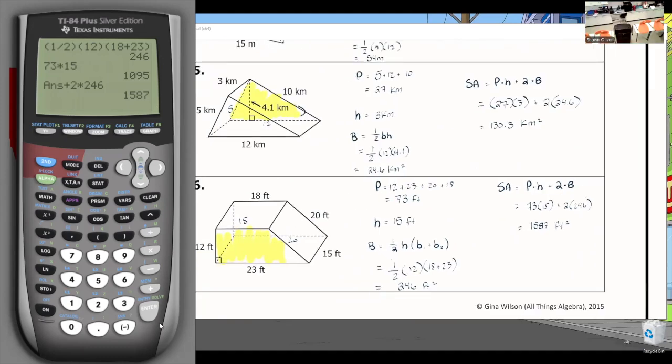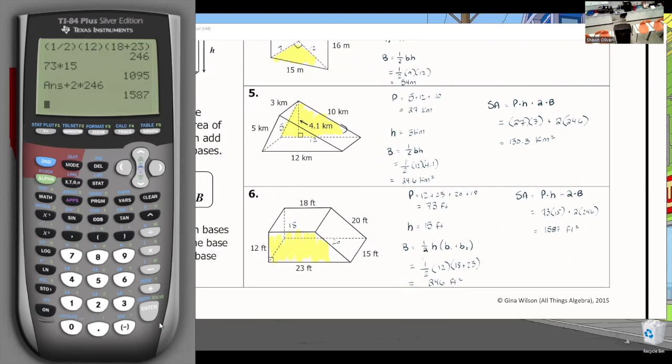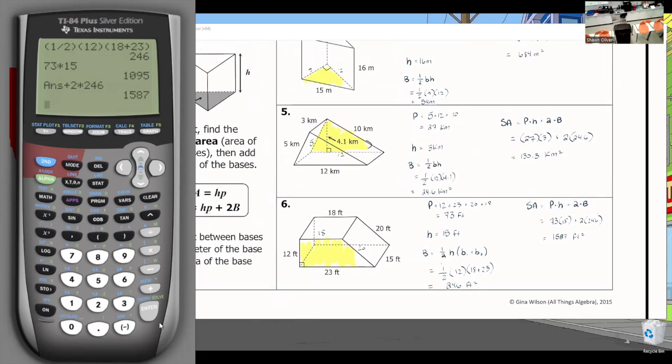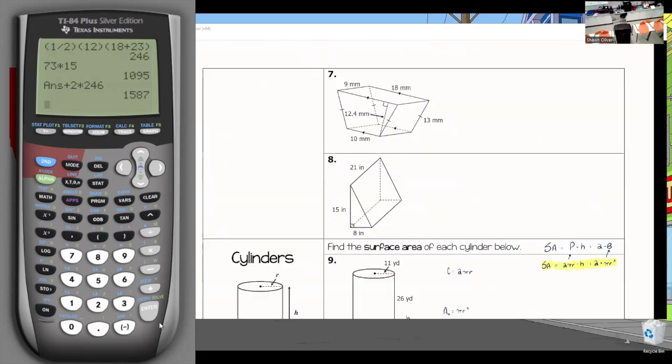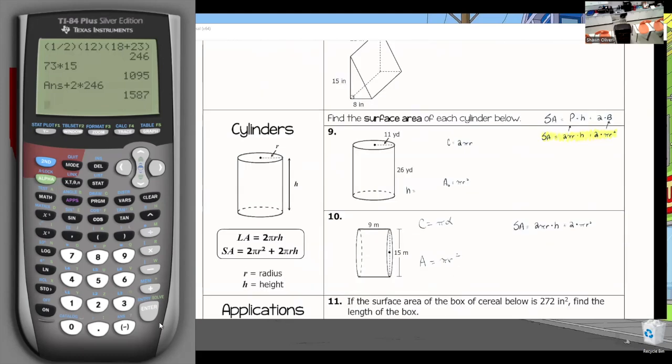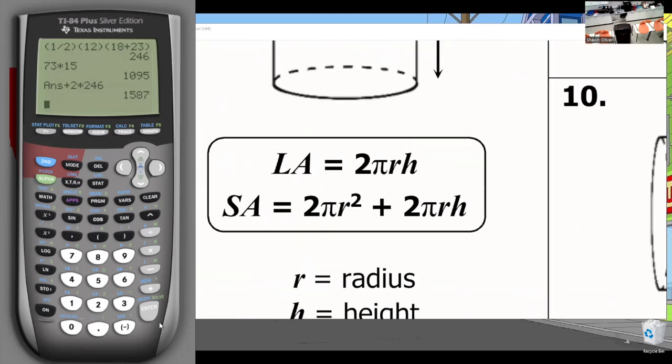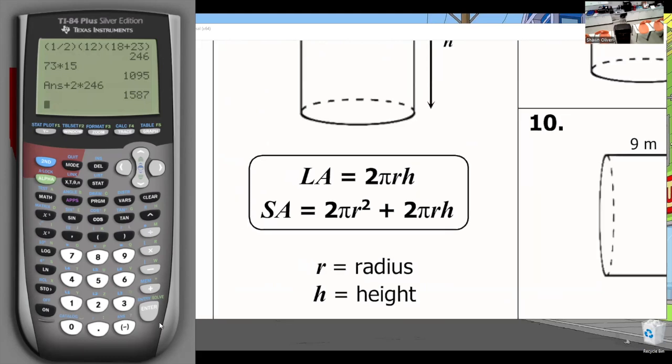The cool thing is, we are going to be doing something similar to find the cylinder. So it is lateral area plus base area. Pi r squared is just area, so that's 2 times our base area, and that looks familiar.